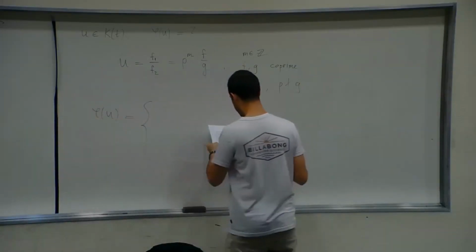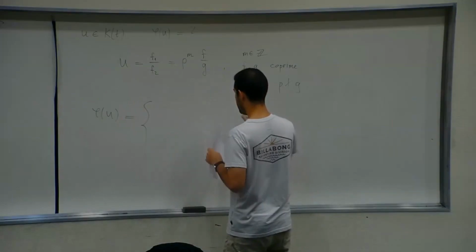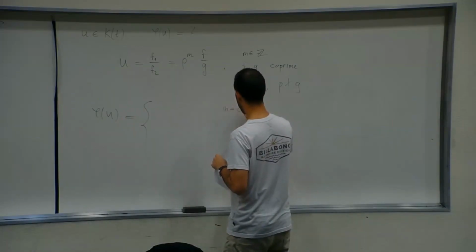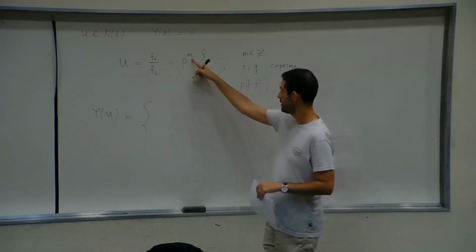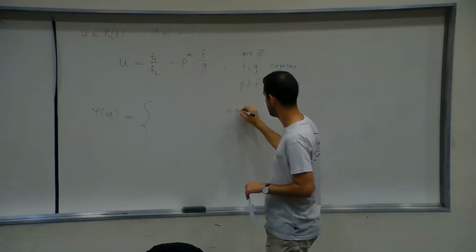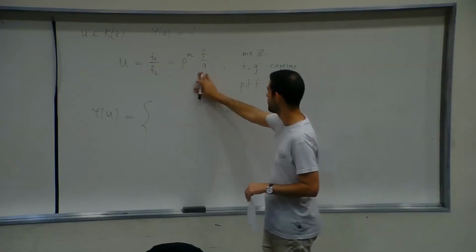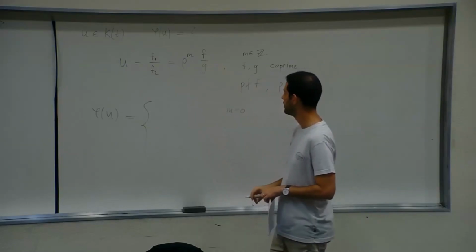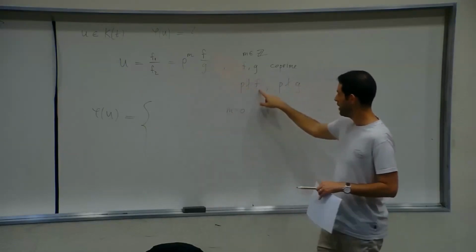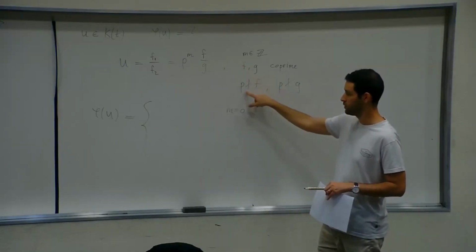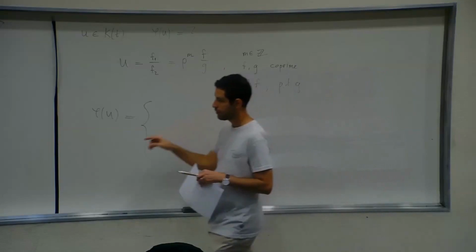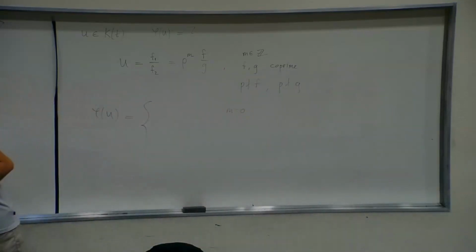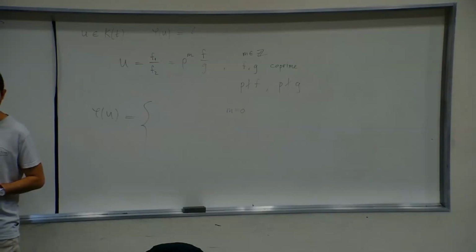So three cases. Well, first, if m is 0, then what can we get? Then f and g are just polynomials that are not divisible by p. So if we take a polynomial which is not divisible by p, we get just the value of this polynomial once we substitute tau.